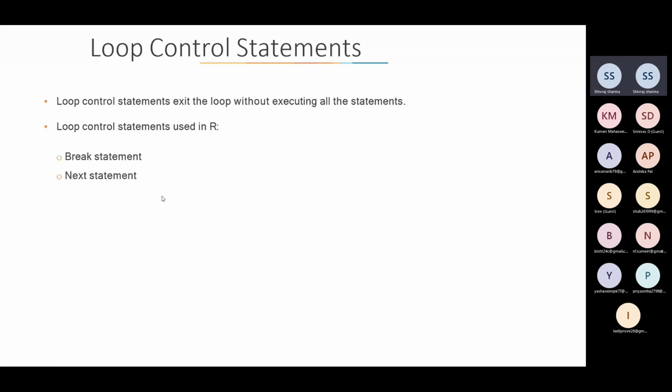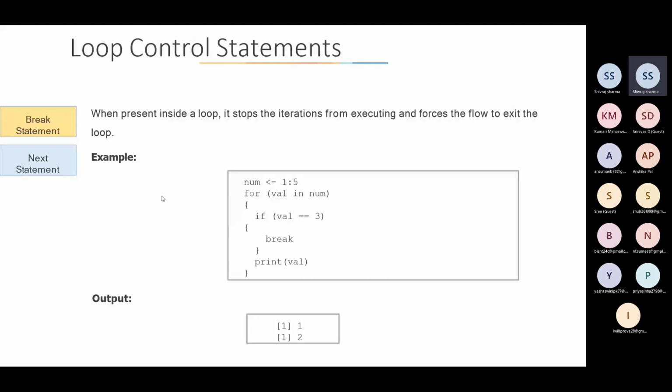Okay. So here two options are available to us. One is break and the other is the next statement. Let's see what these two do. In the very first statement, you see there is a break. The break must be mentioned where to stop or exit from the loop.